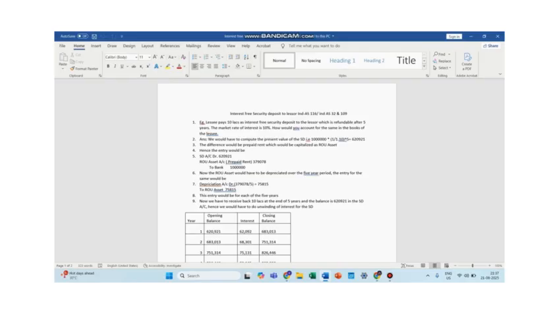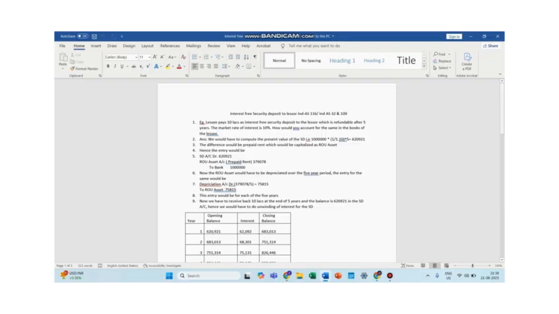This would be interest income, and how this interest income would be accounted for is shown as below. Opening balance 620921, 10% of that is 62092. If we add 62092 to 620921, the closing balance would be 683013.